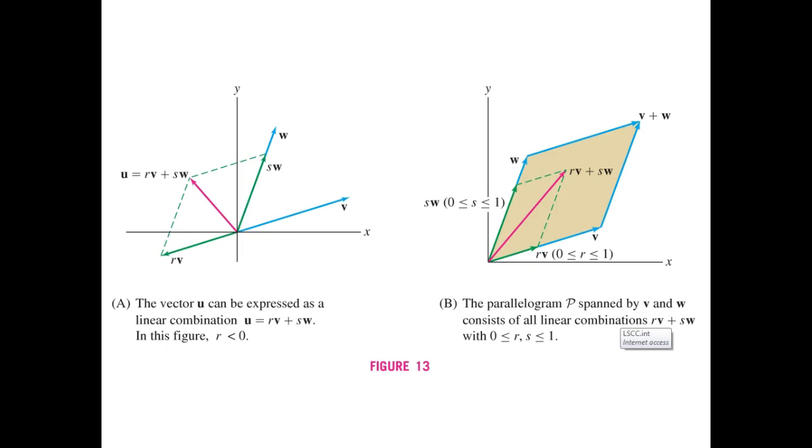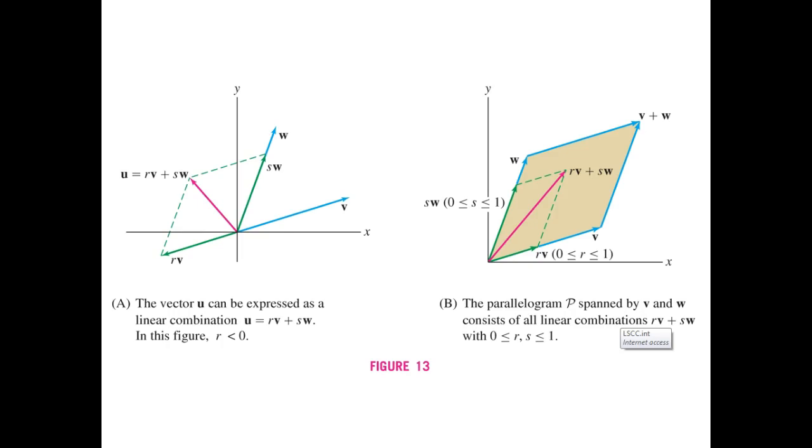A linear combination of vectors v and w would be any multiple of v plus any multiple of w. Now, here is sort of the picture of that.